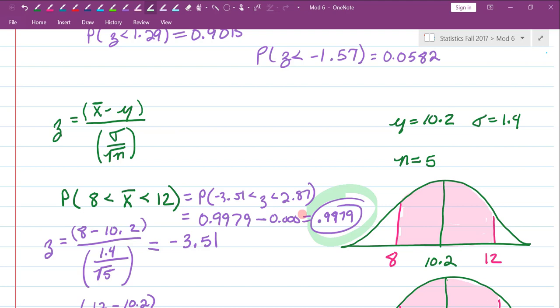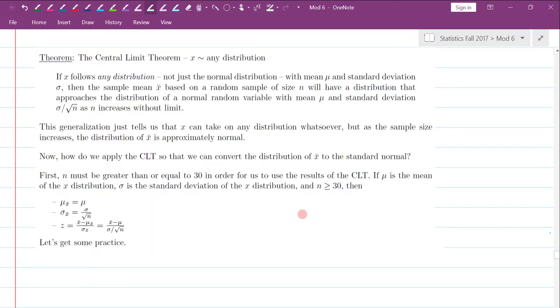Okay, let's go ahead and discuss the central limit theorem a little bit more. Remember I said before that the central limit theorem can actually be applied for any distribution.